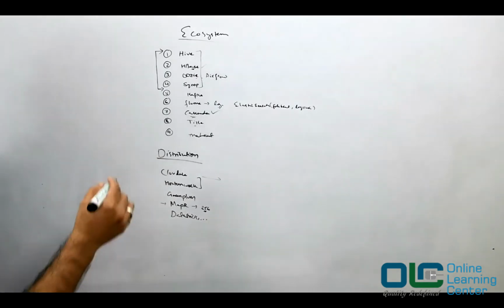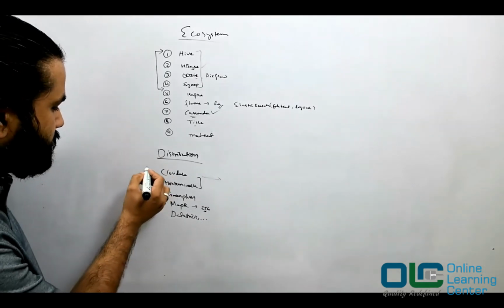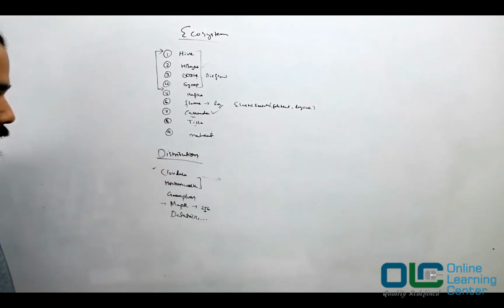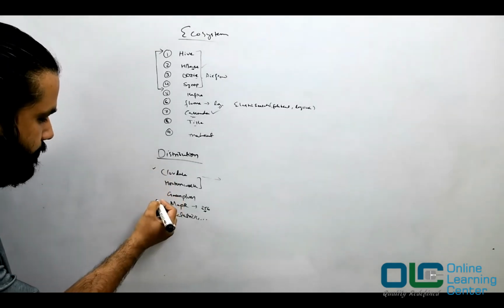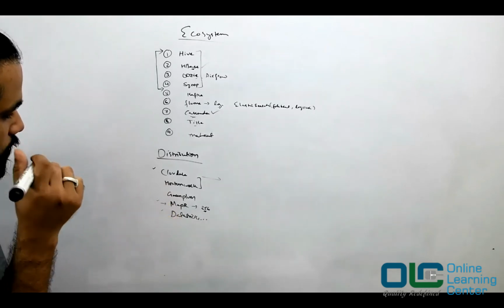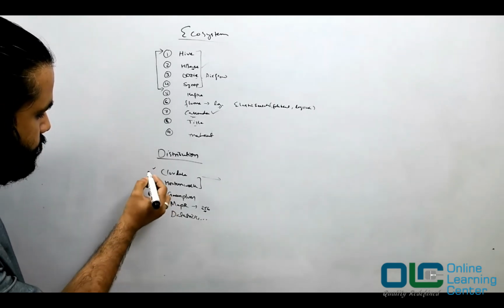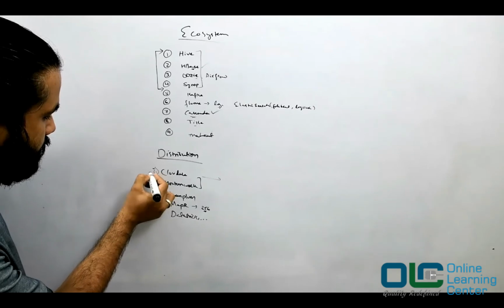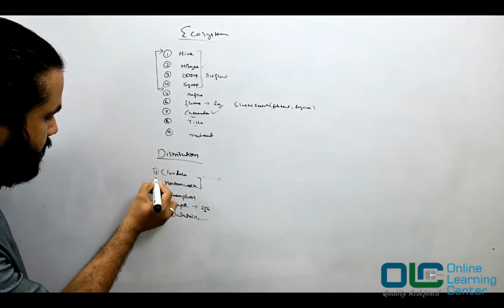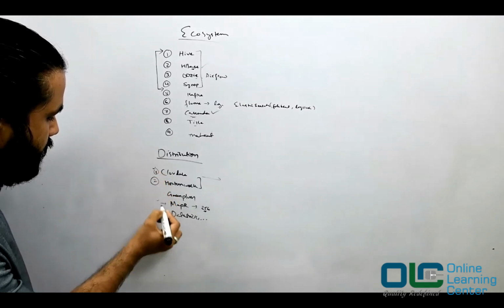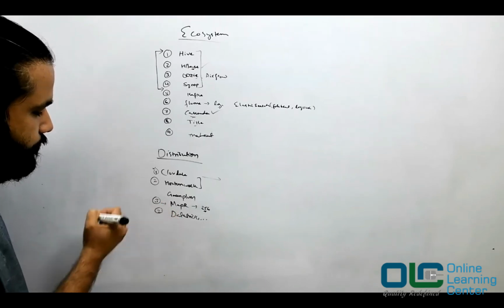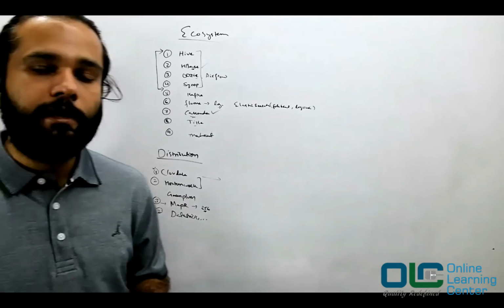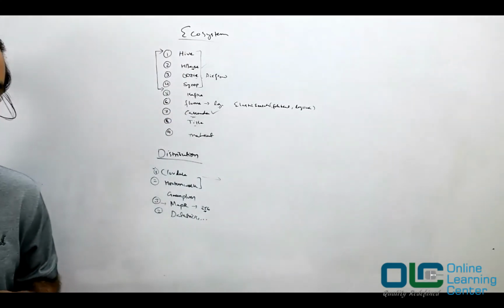Most popular, what you can see in companies, is Cloudera, of course, and Databricks is also gaining popularity, then MapR. If you ask me to rank them, I would say one, two, and three. This is how I would rank them based on popularity.